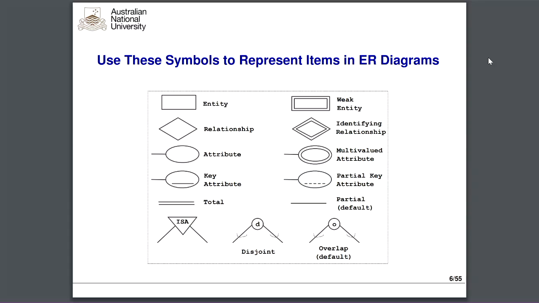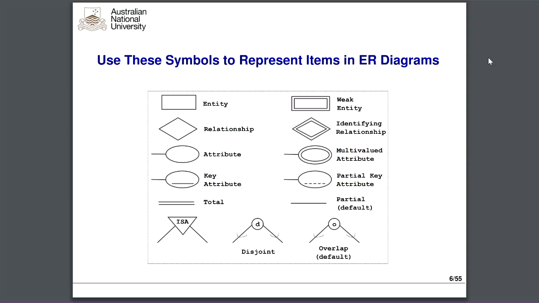In this case we use weak entities and identifying relationships. And why do we use double rectangles for weak entities? Because weak entities require you to draw more information, more lines, so they take more time to draw.